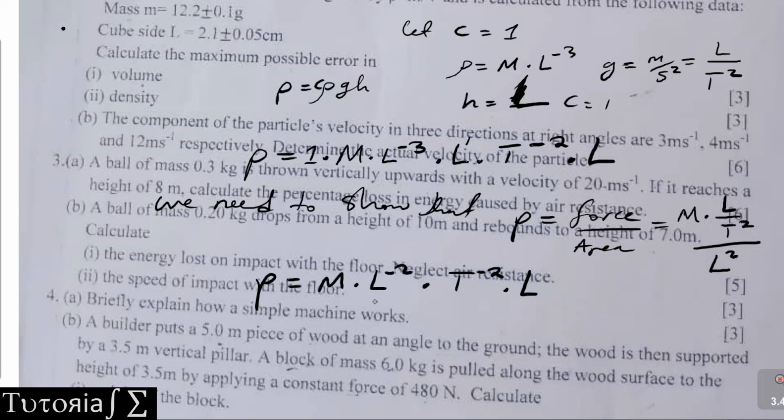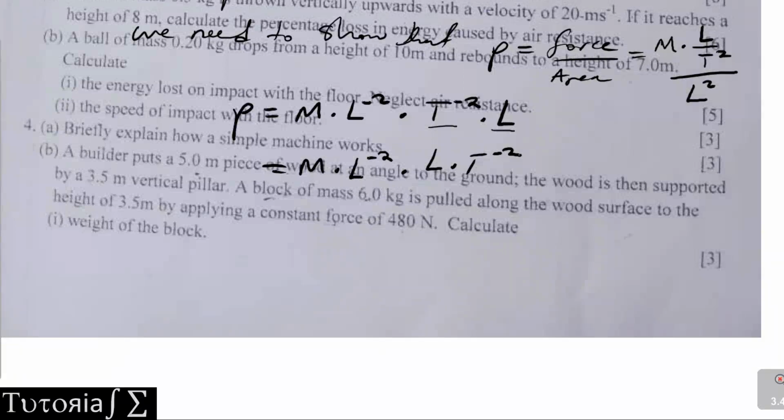Okay, so now we know that this right here, we can rewrite this and this. We can write them as M times L to the negative 2 times L times T to the negative 2. Then we know that L times T to the negative 2 is equal to acceleration.